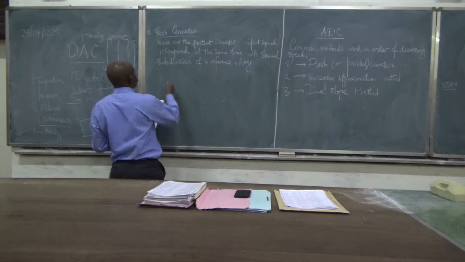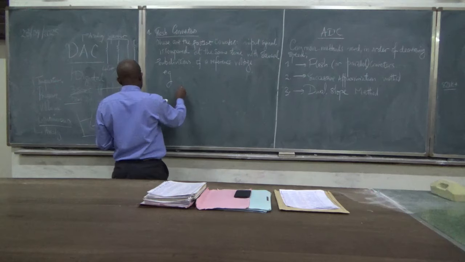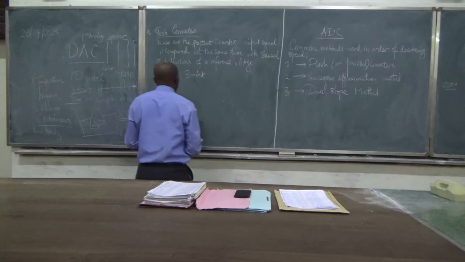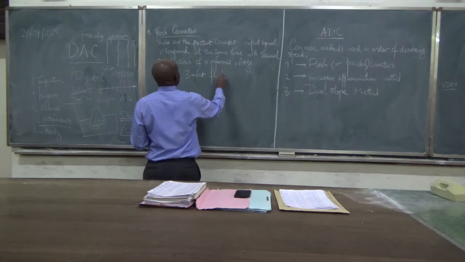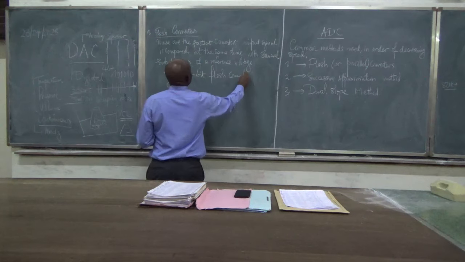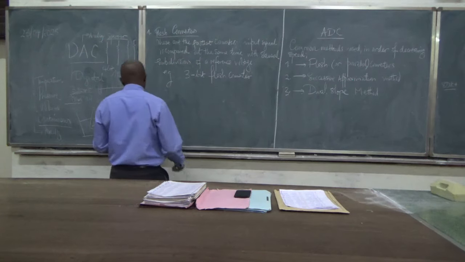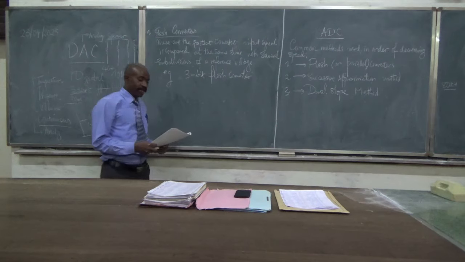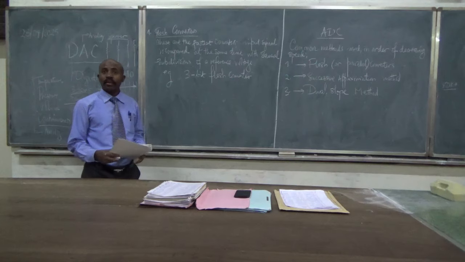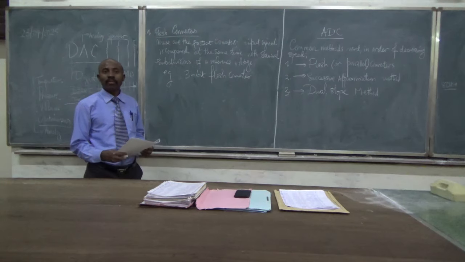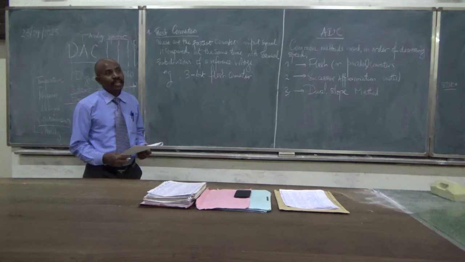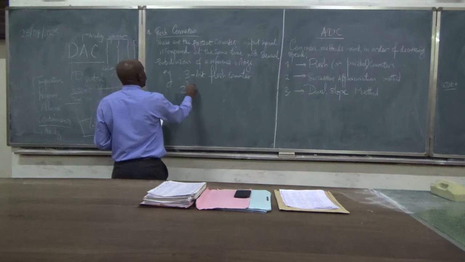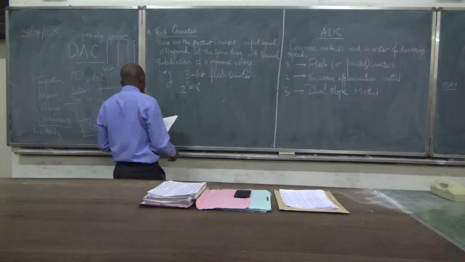E.g., we're going to look at a 3-bit flash converter and see how it looks. For 3-bit, we use comparators. Comparators are op-amps. If it is a 3-bit, then we need 2 to the power 3, which is equal to 8 comparators.